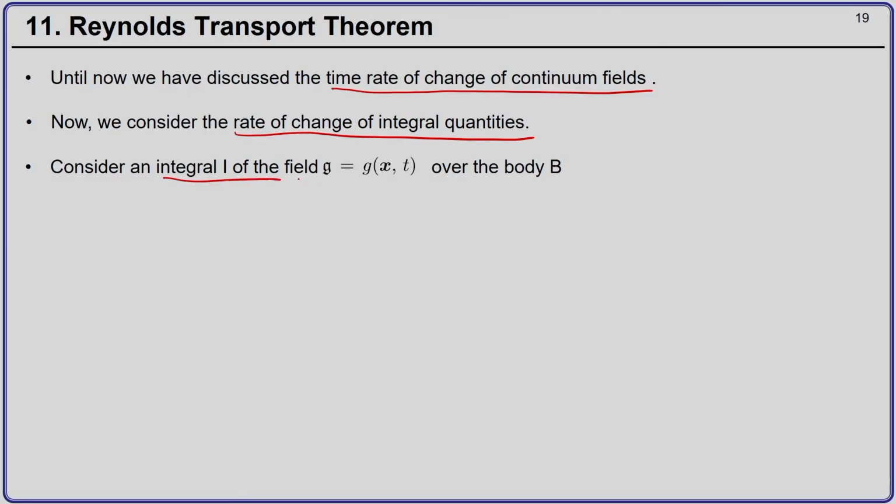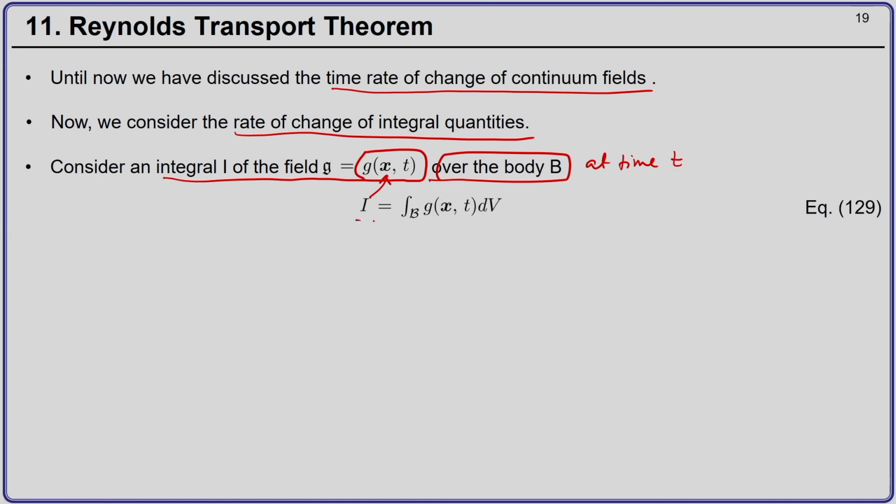Okay. Now, consider you have an integral I of the field G, which is given by G(x, t). So, it is a spatial field, it depends on the spatial coordinates x, over the body B, say at time t. Okay. Now, this is the integral.